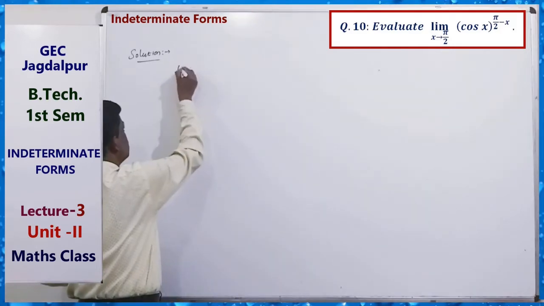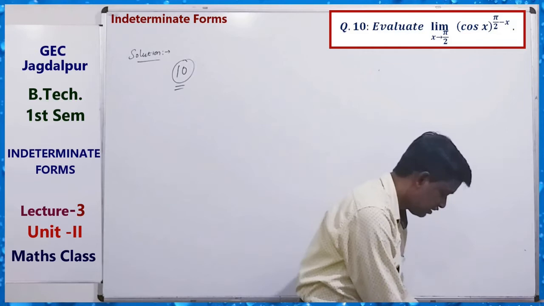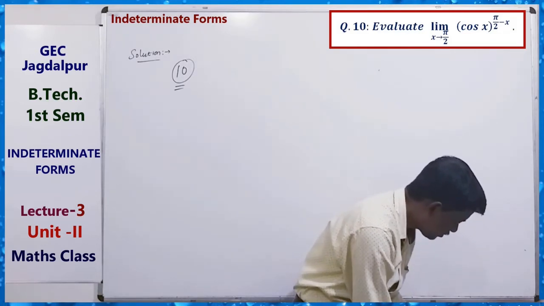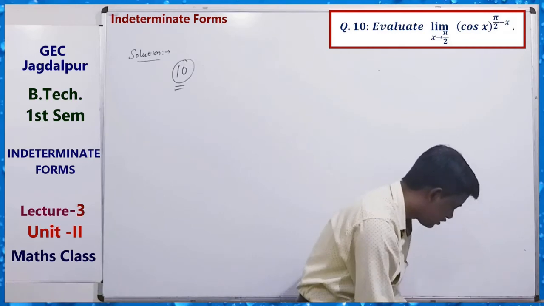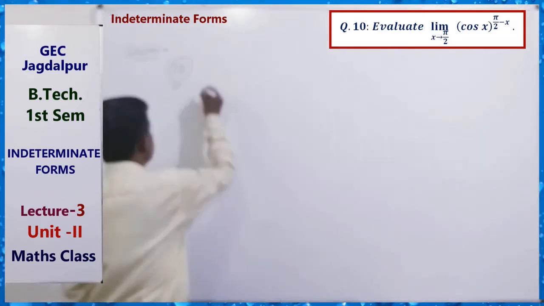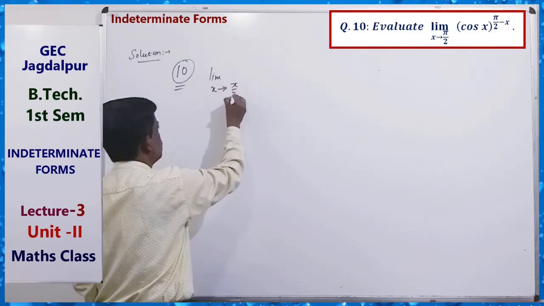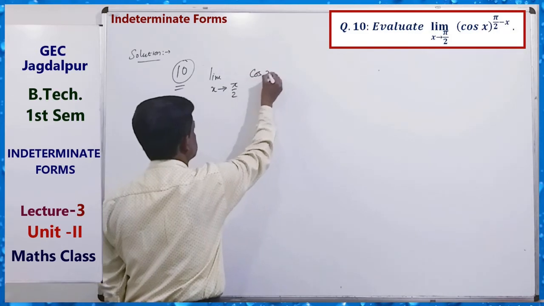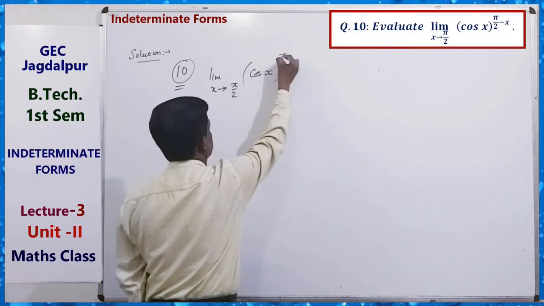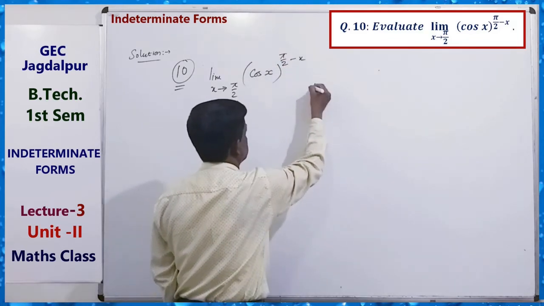Here just see: limit x tending to pi by 2 of cos x to the power pi by 2 minus x.